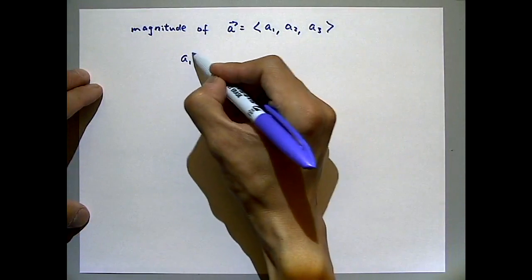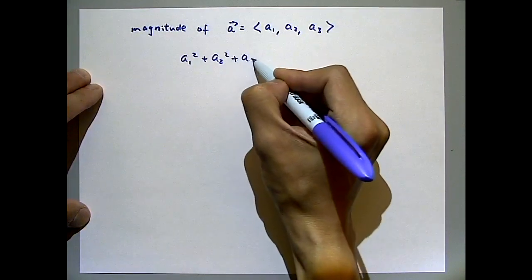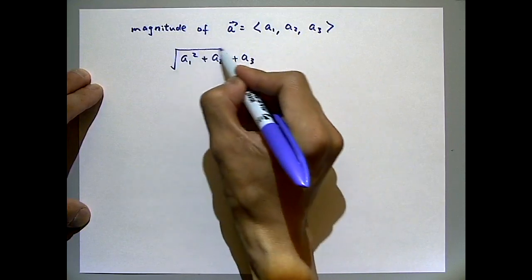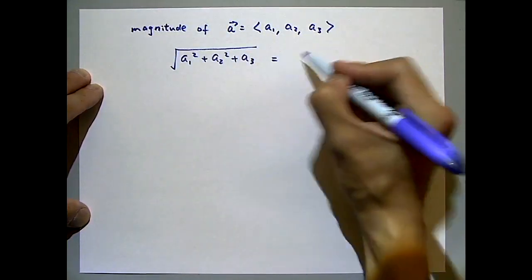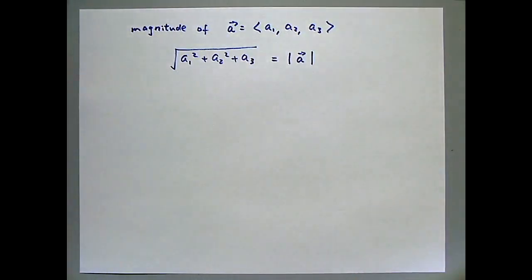Right? Sum of the squares under a square root. And this is usually denoted like that. Between 2, it's the absolute value symbol here. And we understood that that means the magnitude, the length of that vector.